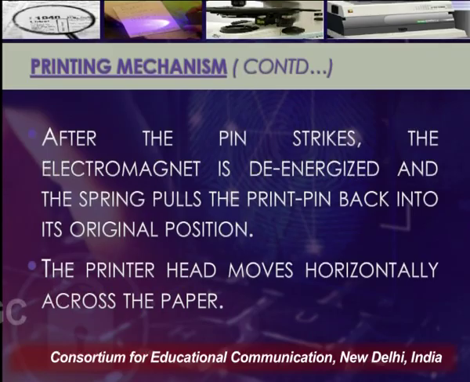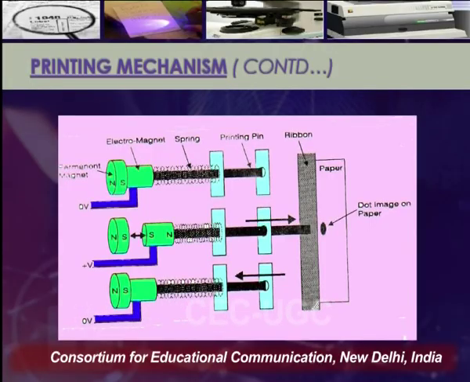As we said, these are bidirectional printers. They move from left to right as well as right to left. So, the whole process involves various printing pins where we have electromagnets, spring, the printing pin and the ribbon, and when a charge is transferred to a particular pin, it will leave a dot impact on the paper.